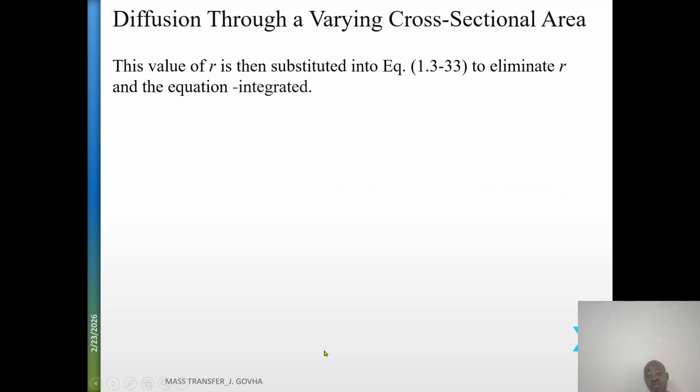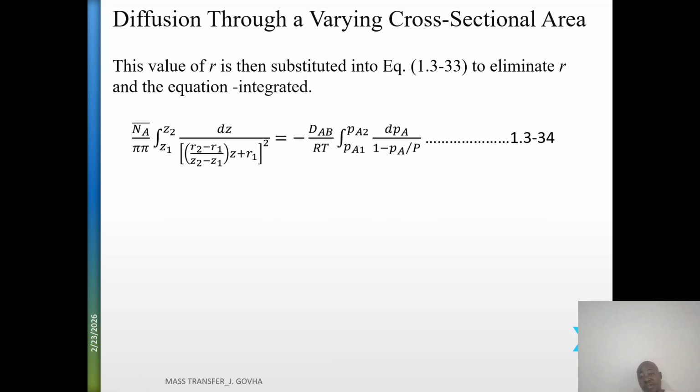So, diffusion through a varying cross-sectional area. We first substitute for r so as to eliminate r, and then the equation is integrated as indicated there.